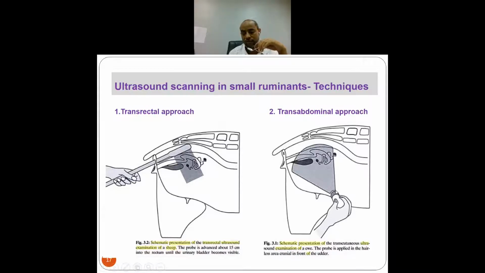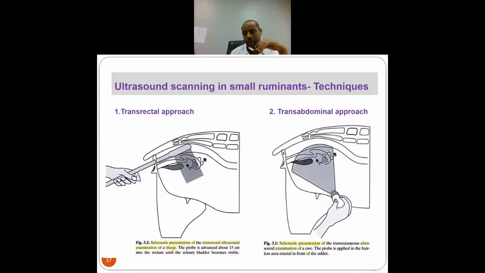So the location where you need to put the probe is in the inguinal region, the lower abdominal region, somewhere around the cranial or the ventrolateral aspect of the belly, near the udder.